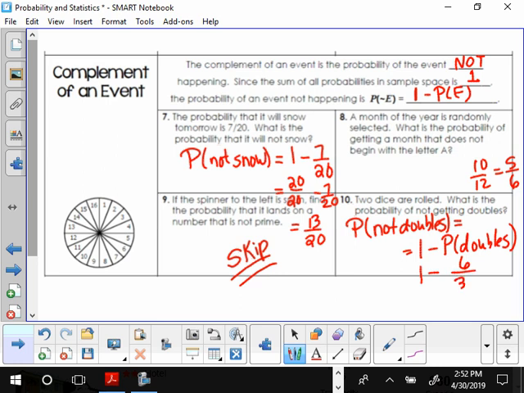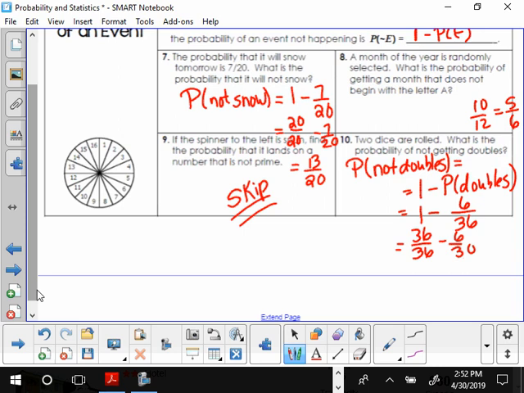Okay, so 6 out of 36. Do the same thing. If I want to change 1 so that it has a denominator of 36, it'll be 36 over 36. Everything divided by itself is 1. So 36 minus 6 is 30, and that reduces to 5/6. Put it equal there.